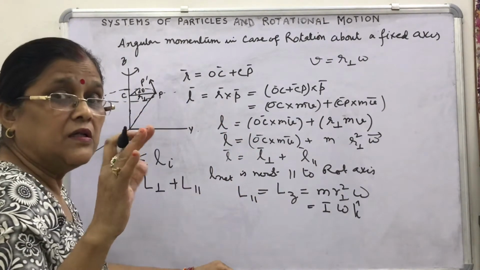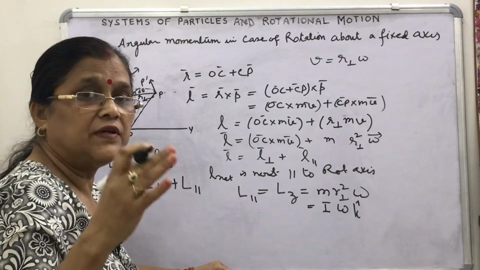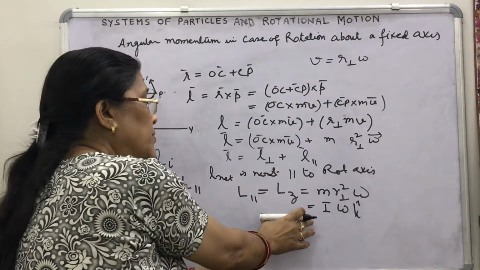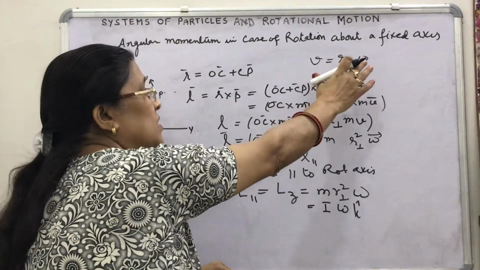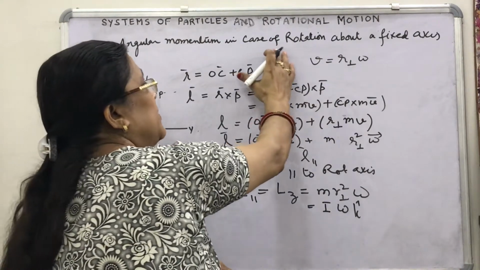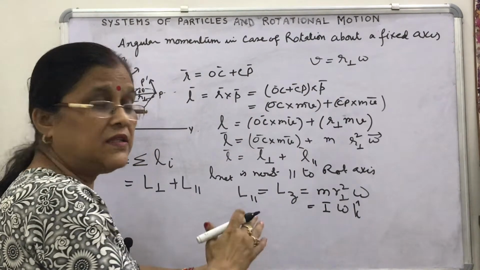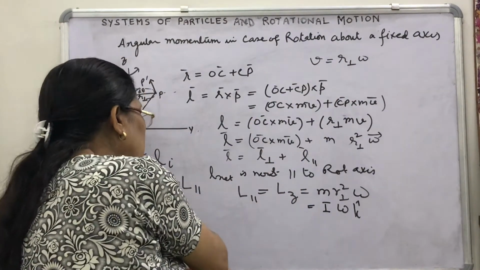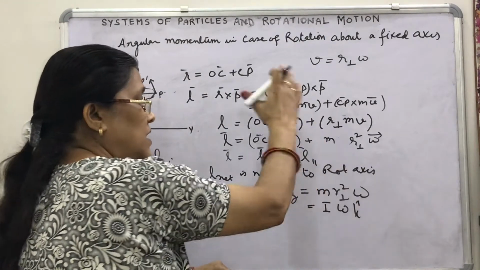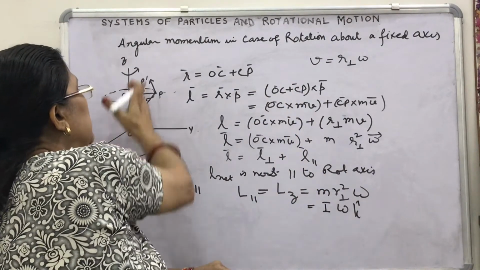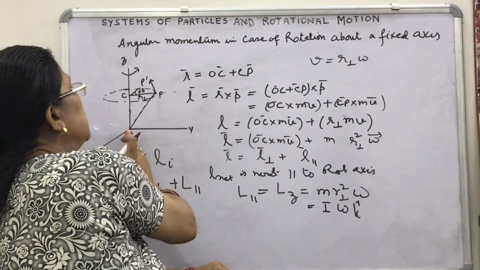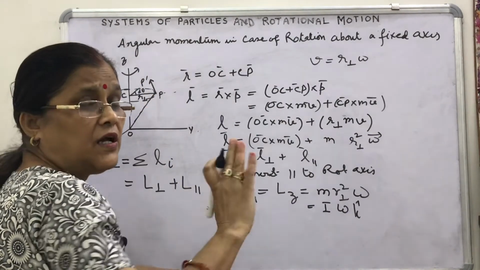We have seen the clear-cut difference for angular momentum about a body rotating about a fixed axis: that this net angular momentum and the direction of omega, which we have considered for all the particles, is about the rotational axis. They are not parallel.